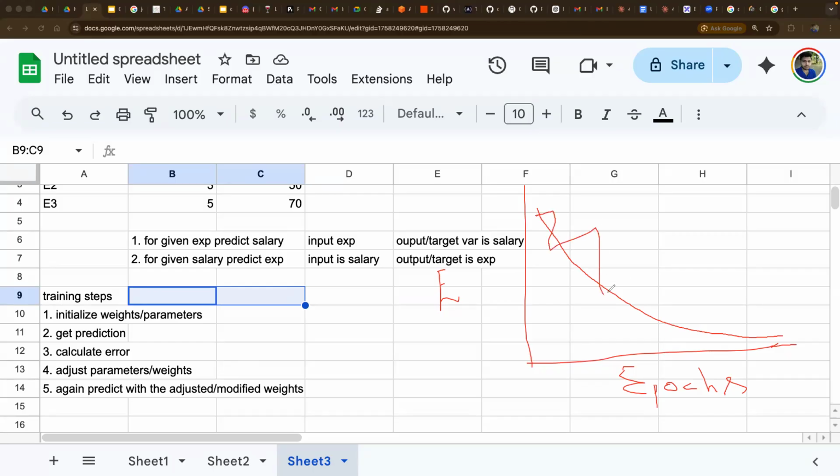It may be zigzag as well. And after a certain time, it will become almost flattened. This error doesn't decrease much after a certain number of iterations.